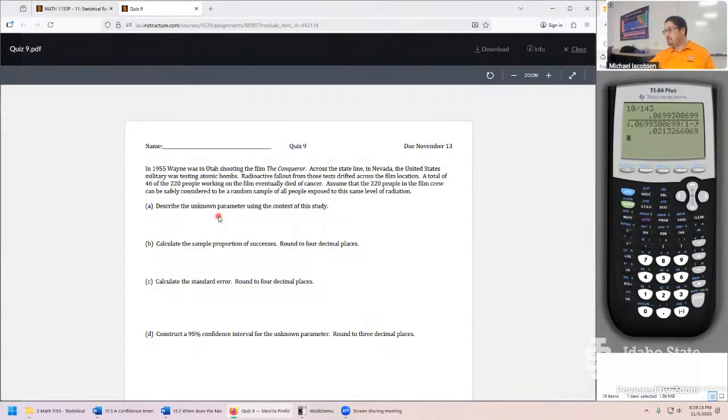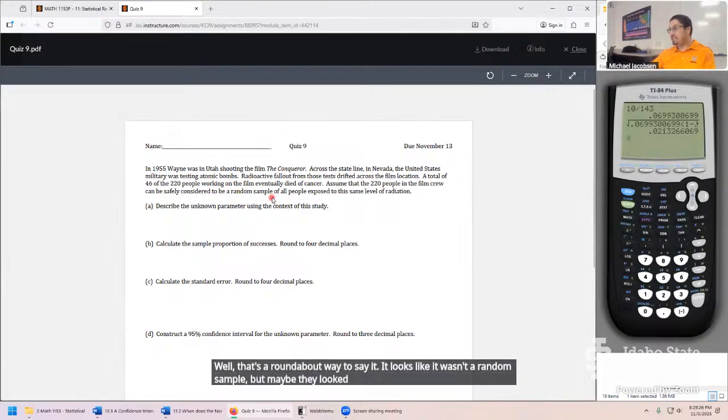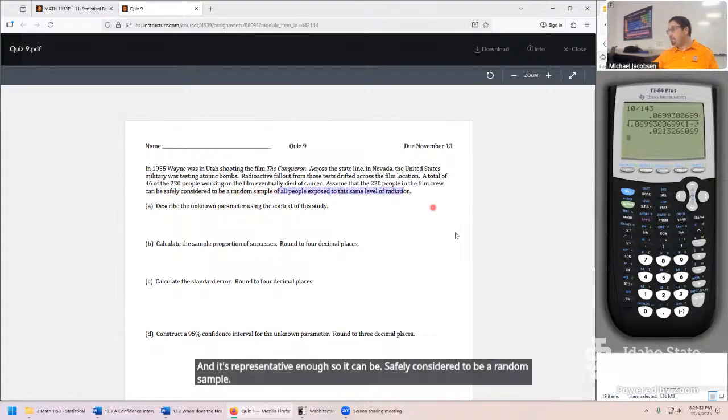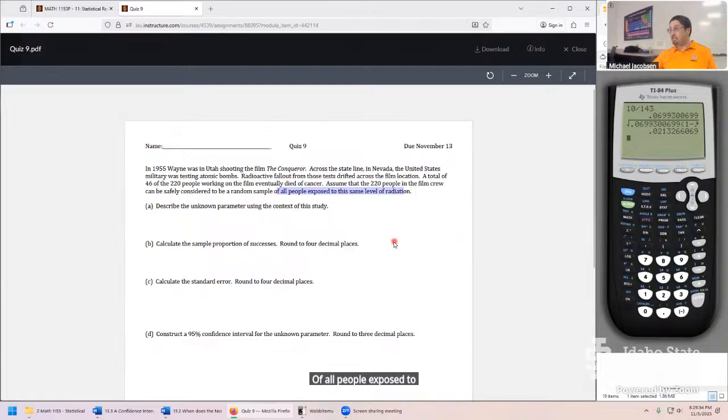So it says here, assume that 220 people in the film crew can safely be considered to be a random sample. Well, that's a roundabout way to say it. It looks like it wasn't a random sample, but maybe they looked into the demographics and it's representative enough so it can be safely considered to be a random sample of all people exposed to the same level of radiation.